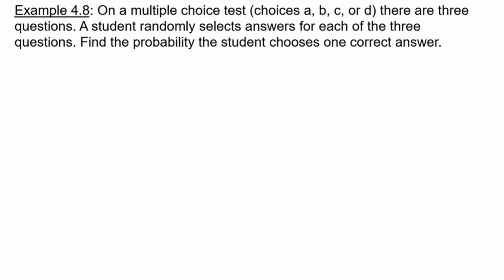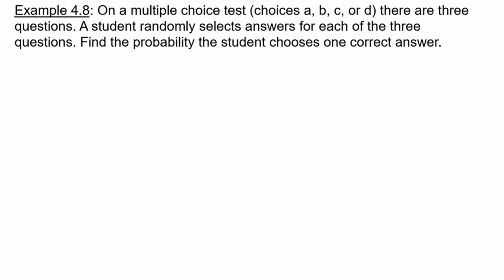Now here let's try to understand this question and try to differentiate this question from our previously done question. And try to understand, are we going to use the binomial distribution formula or not? So on a multiple choice test, there are 3 questions.